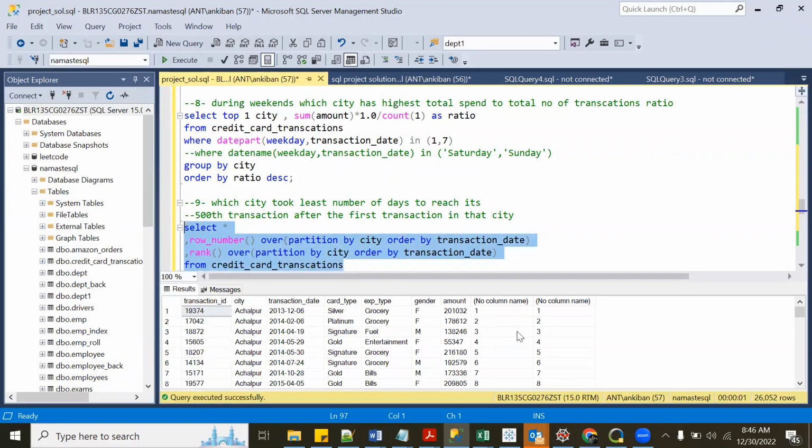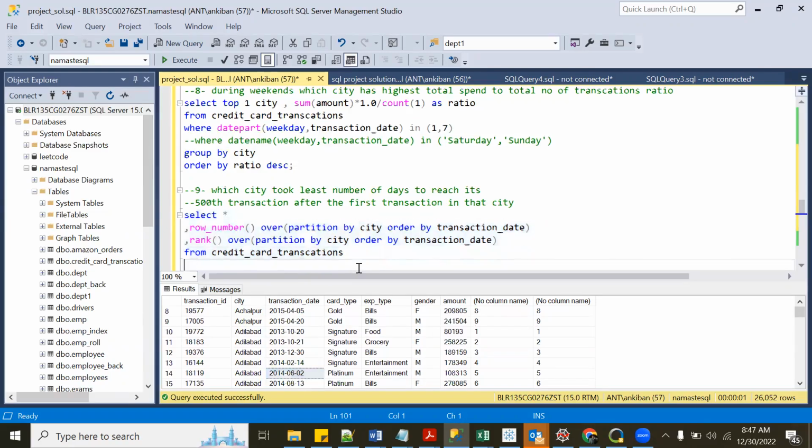If you see, we are doing it by city, and we could have the same transaction date, right? Let me do order by city, transaction date.